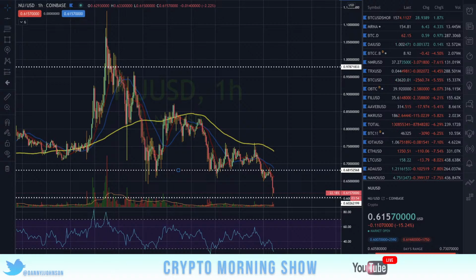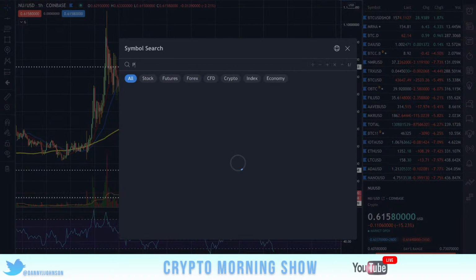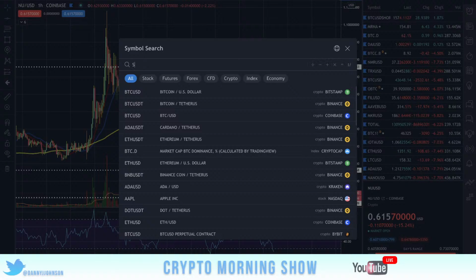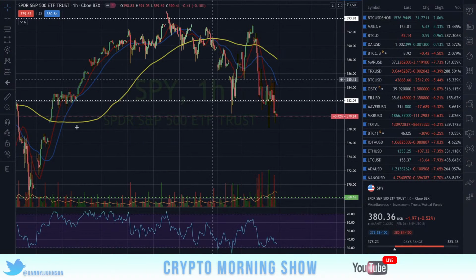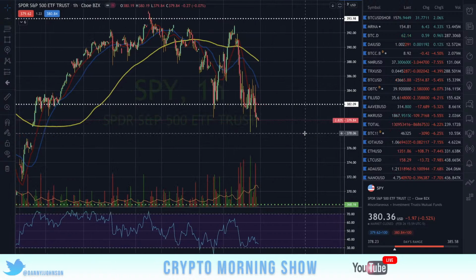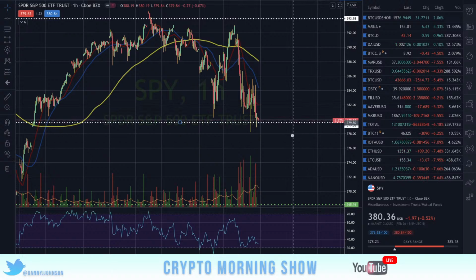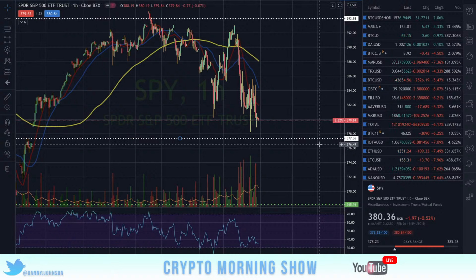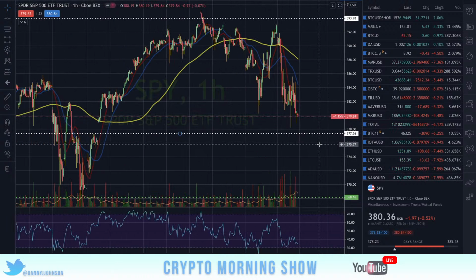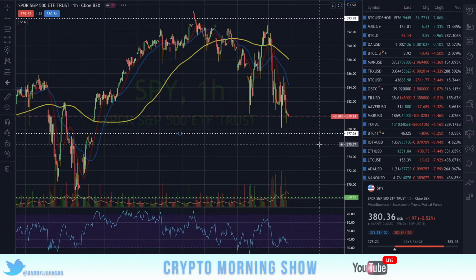Also, keep an eye on the stock market. Keep an eye on the influence. And I can show you here in TradingView, you can just type in SPY. That is the S&P 500. As you can see, big old move to the downside. Got everybody concerned. There's a big gap here. So the SPY, S&P, and the stock market does have some influence on crypto, particularly Bitcoin.